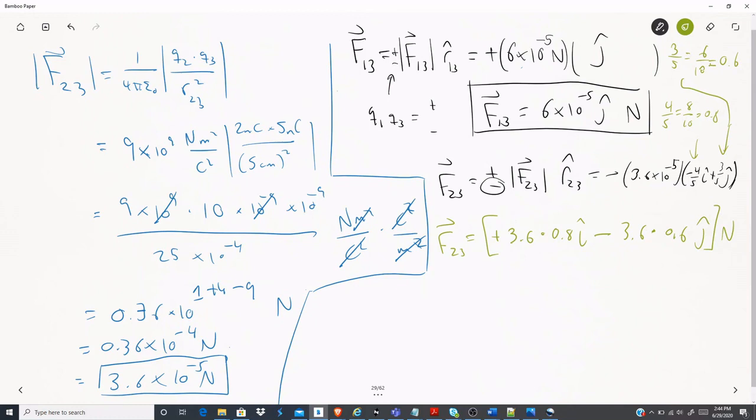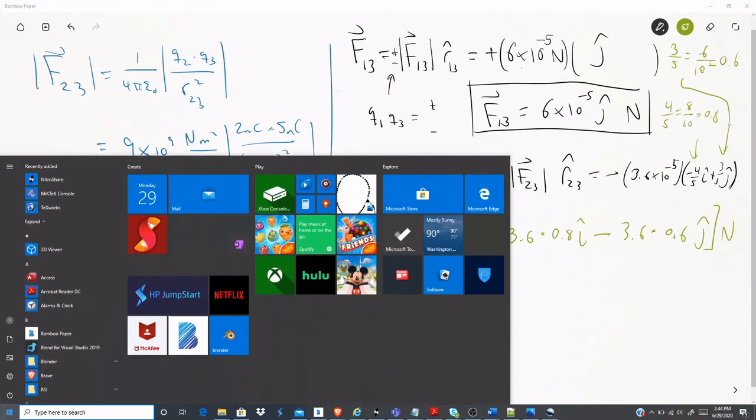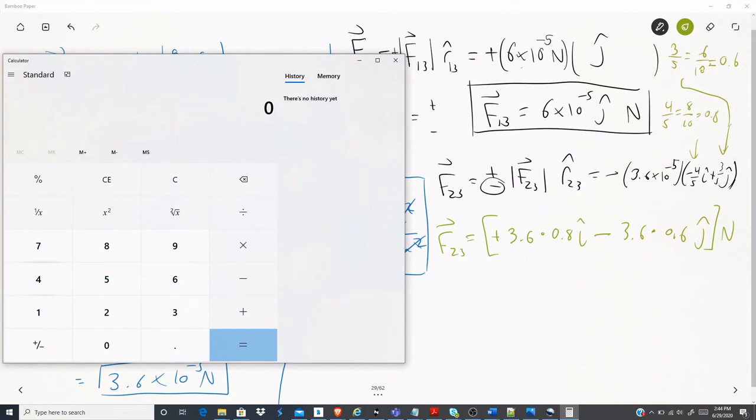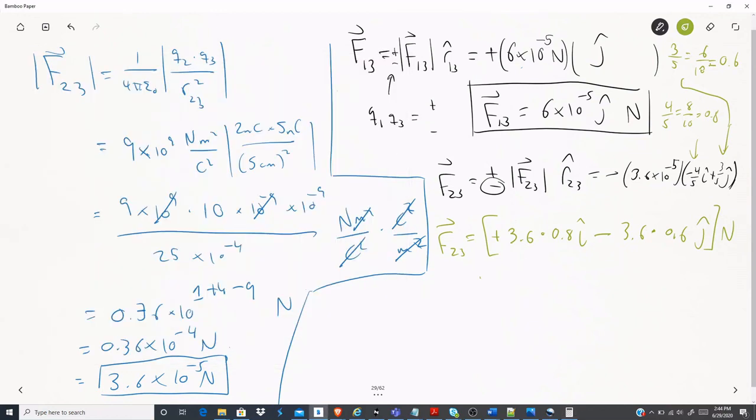If I want to do 3.6 times 0.8, I'm going to go to my calculator. 3.6 times 0.8 is 2.88. So the force that 2 exerts on 3 is going to be positive 2.88 i hat, negative, then if I do 3.6 times 0.6, I think that's going to be 2.43.